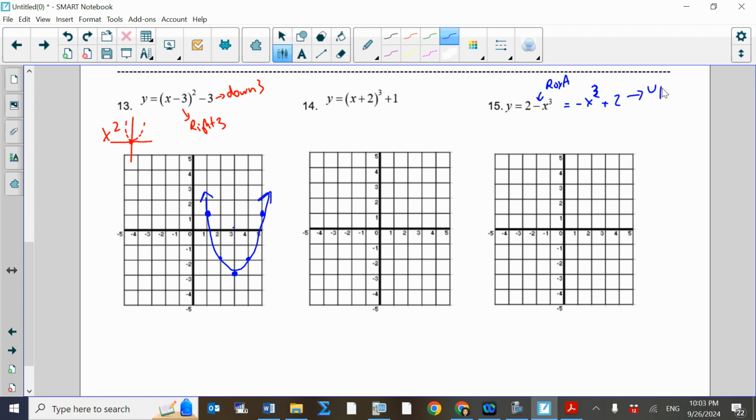This is moving the function up 2. And we know that the graph of x to the 3 looks like this. It's something like this. There is an origin here. This origin is moved up 2, but also there's a reflection over x-axis. So this is going to be reflected over x-axis. Now, the side which is down is going to go up.